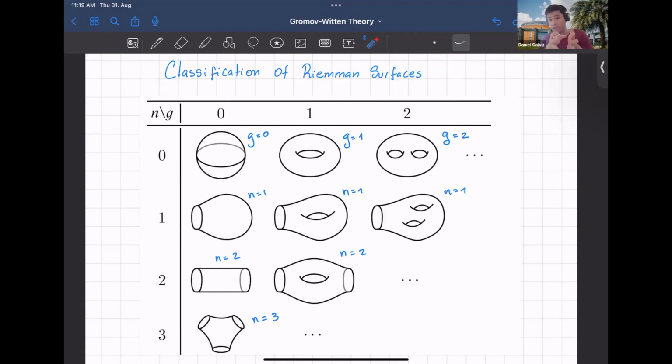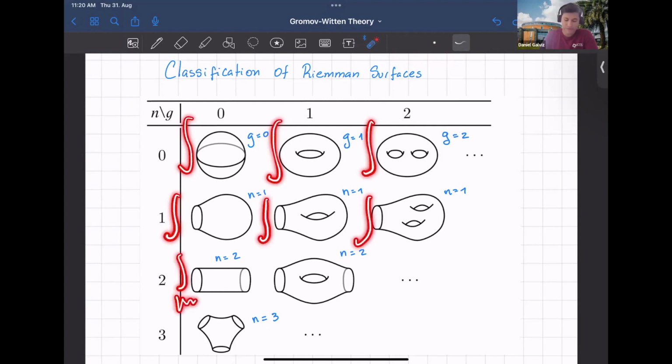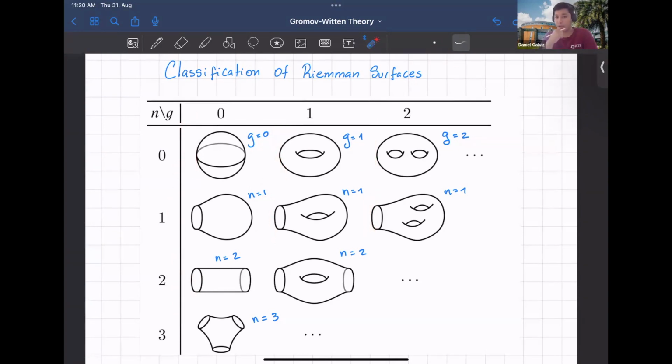And each of these will give you a sum of an integral. Each of these will have a moduli space. So when you do the integral of the whole system, you will separate it, and each of these will give you an integral. And each of these then will define a Gromov-Witten invariant, because each of these will give you information about counting Riemann surfaces.